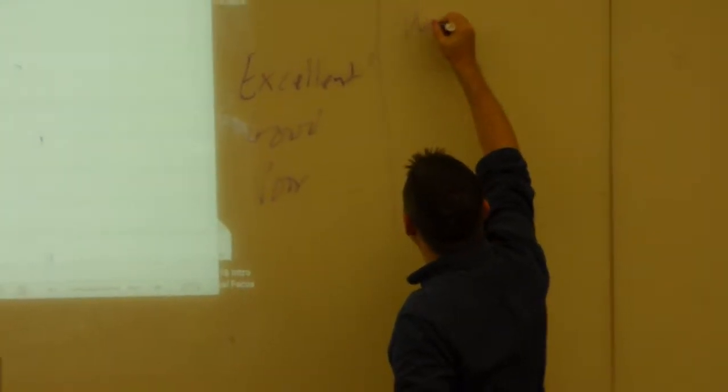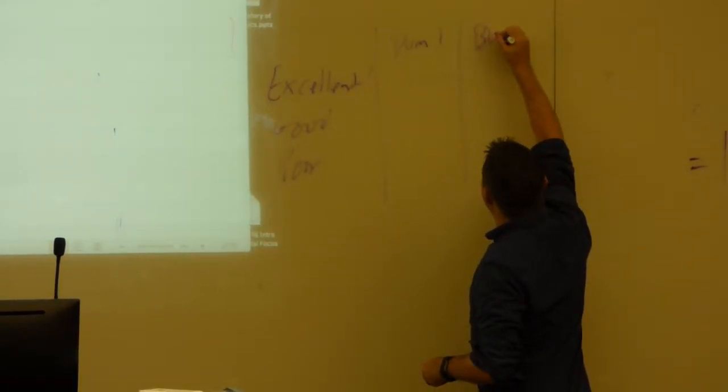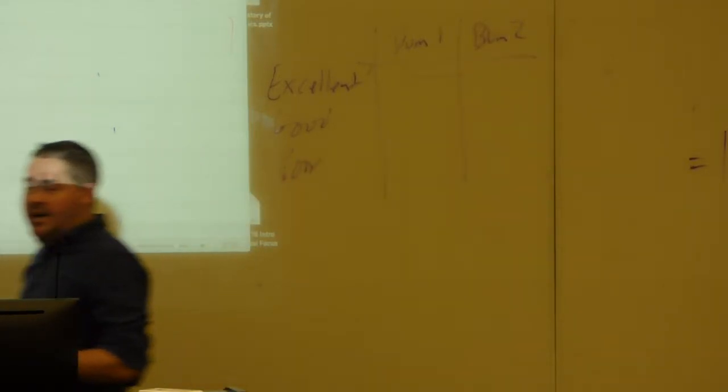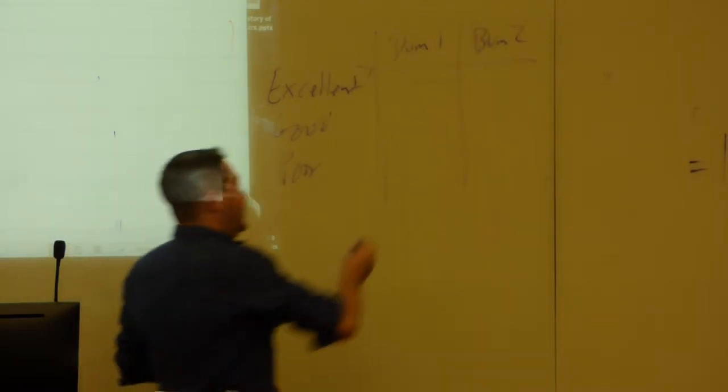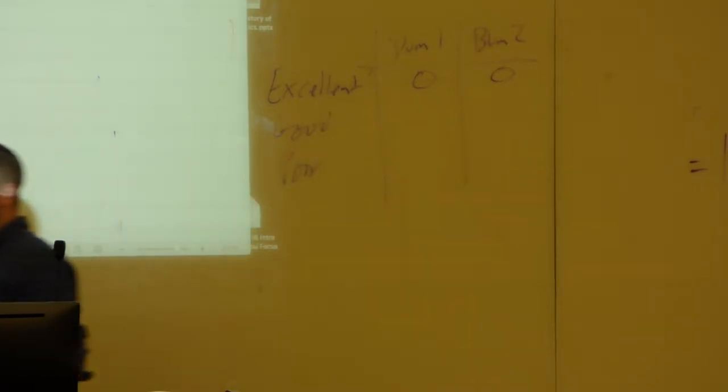So dummy 1, dummy 2, correct? What is my dummy 1 and 2 if it's excellent? So find excellent, what do I have here? The top one's excellent. It's 0, 0, right? So excellent is the default. Excellent is 0, 0. My default.